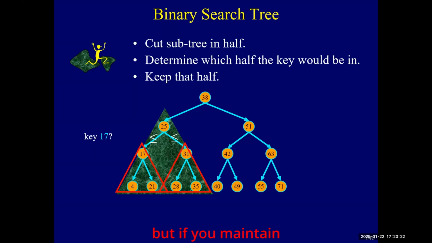But if you maintain more or less balanced, yeah. No, because you're just walking down a path. All right. So we're going to do running time later. If you want to look at all the nodes, that's order n. If you want to walk down a path in a binary tree, it should be log n.